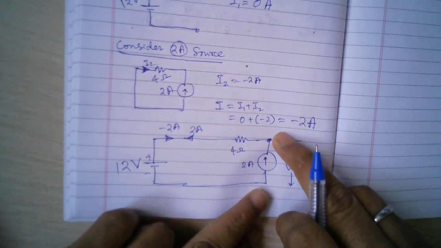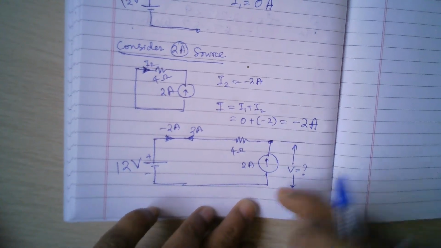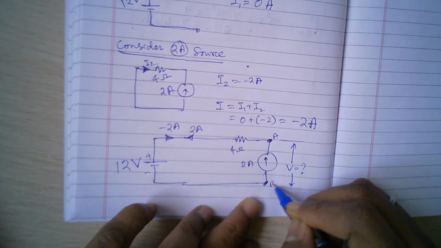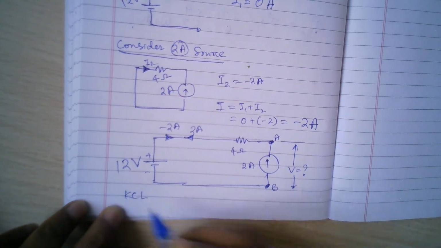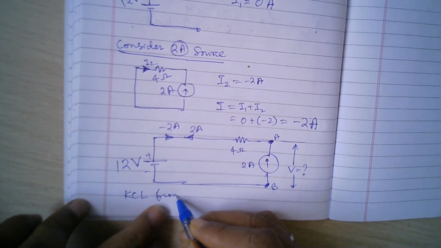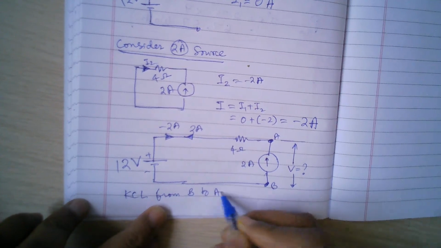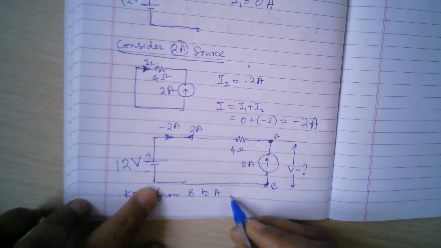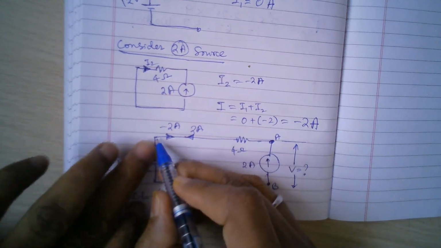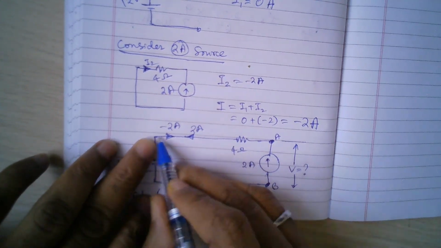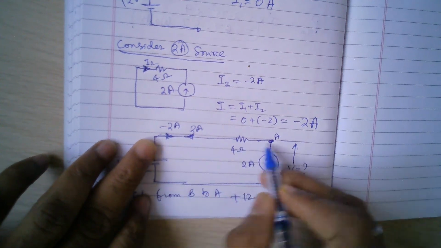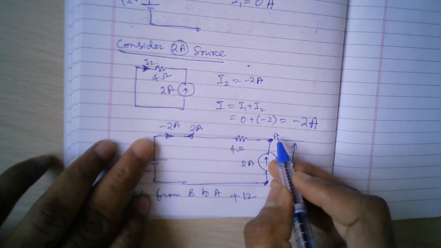To find this V, I apply Kirchhoff's law from, let's say, this point. Let's say this is A and B. So from B to A, first I'm increasing 12 volts, so plus 12. Then I am going against the current, 2 amperes against the current, so therefore this is low voltage, this is high voltage.